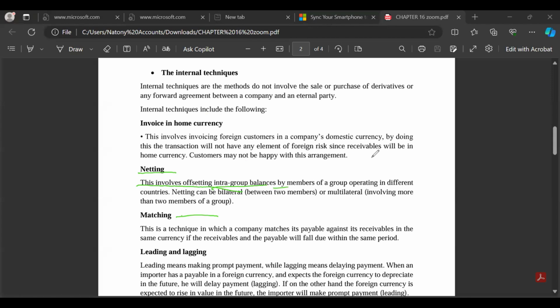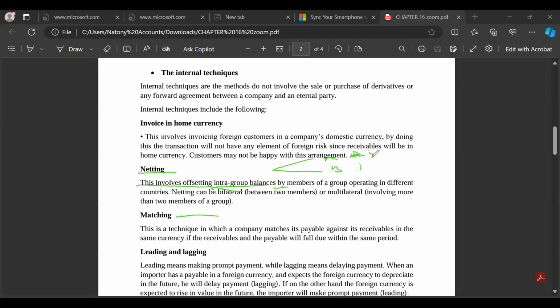If a company has two subsidiaries, A and B, and these subsidiaries have intra-group balances, maybe payable and receivable, one will be paid while the other will be receivable.